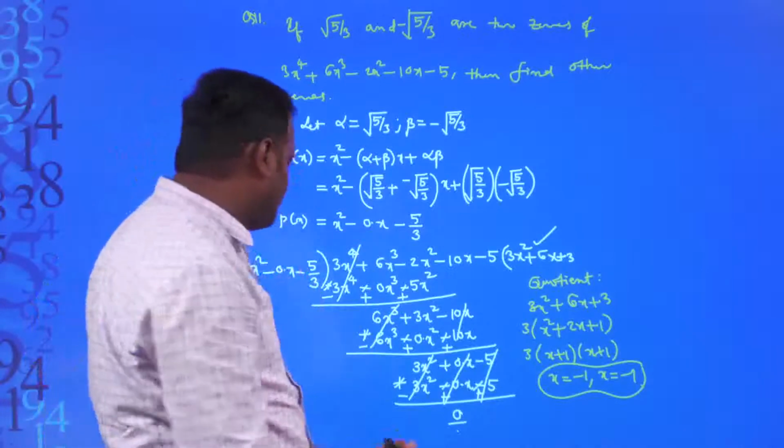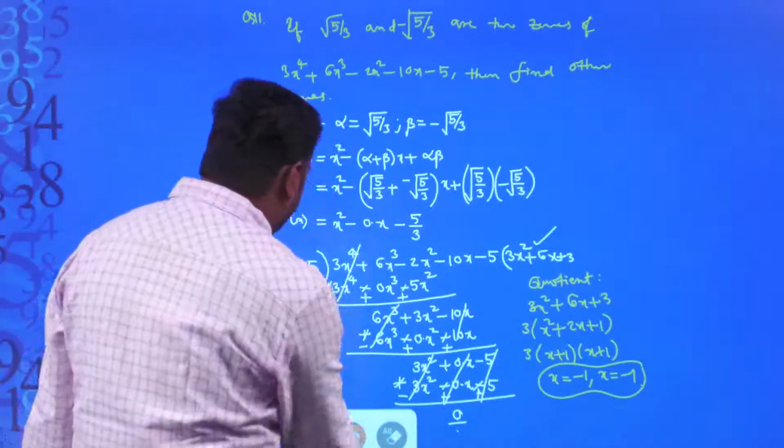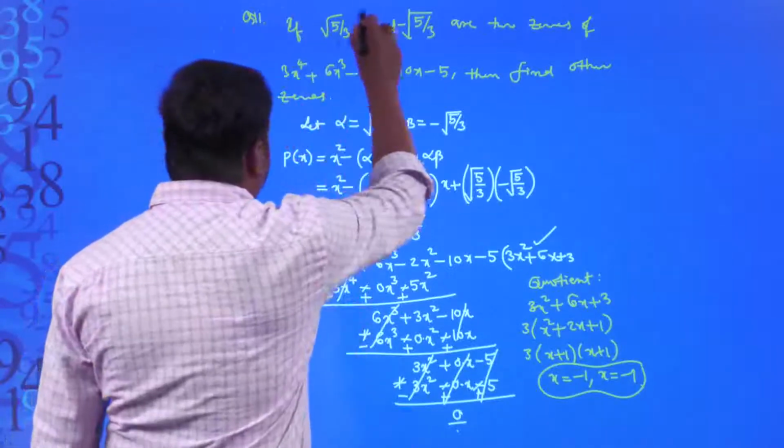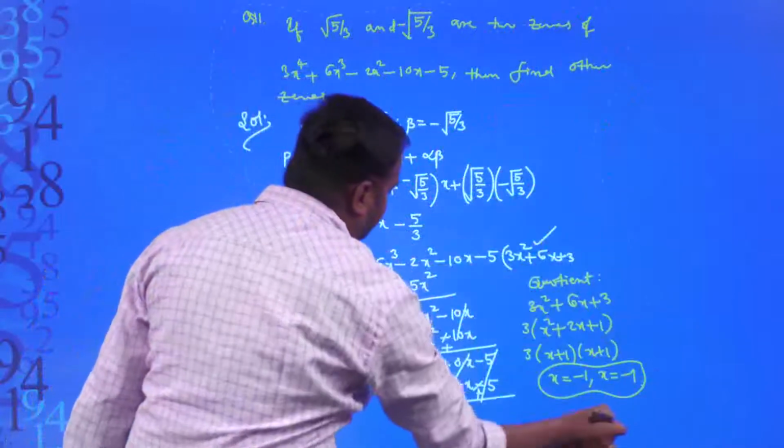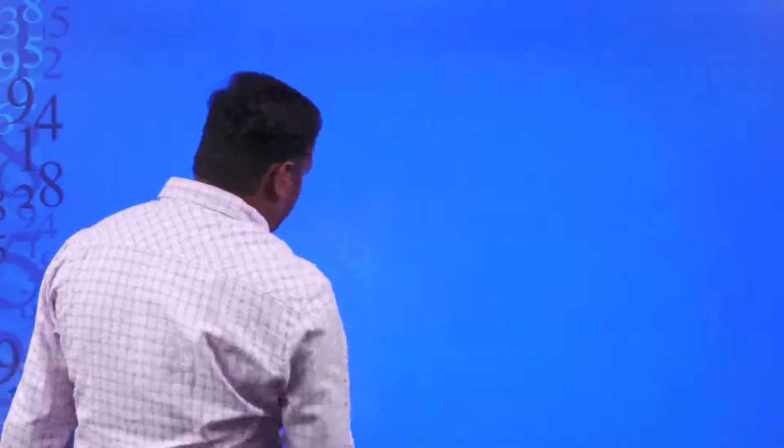Okay, so I have a few set of questions, which were given in our exercise. Now I will try to explain these problems. Now you understand when two zeros are given, how to find the other two zeros of the polynomial.